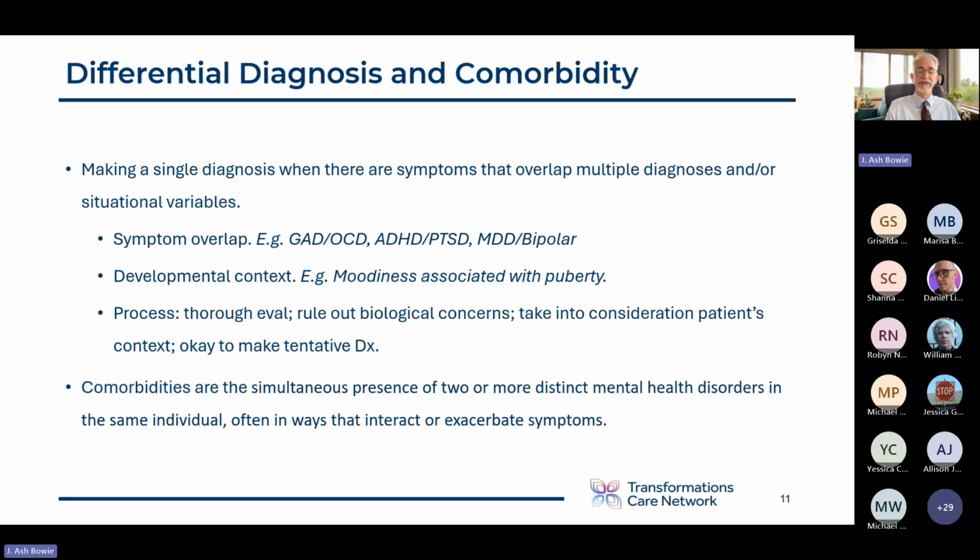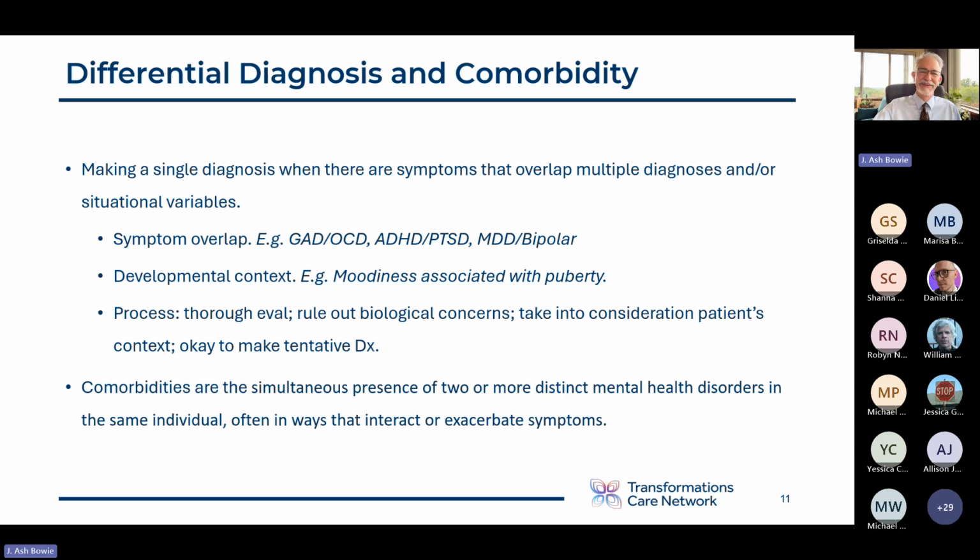Now, we also have to look at the developmental context. We have to figure out what is potentially a mental health issue and what is typical development. It's not uncommon to work with adolescents who might be coming in, and let's say they genuinely do have a mental health concern, but then somebody puts down bipolar because they're moody, not realizing that most teenagers are moody.